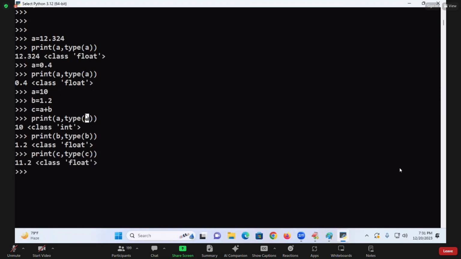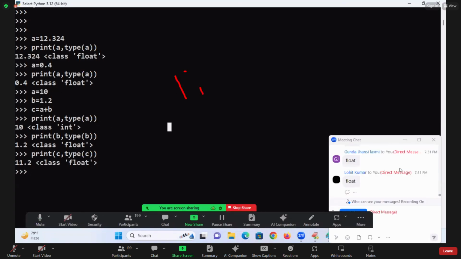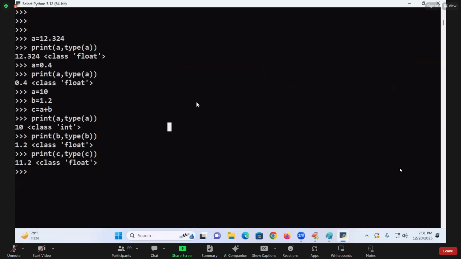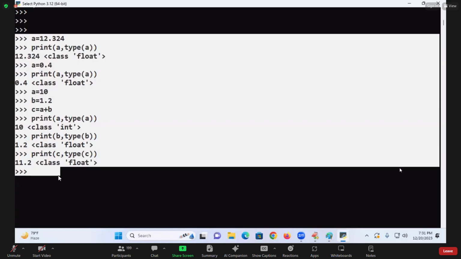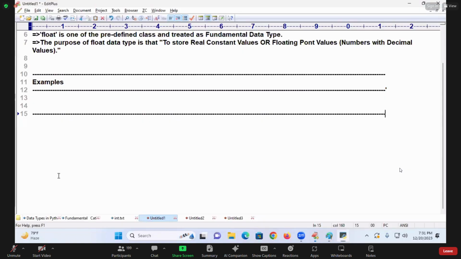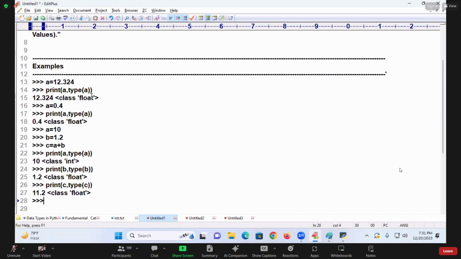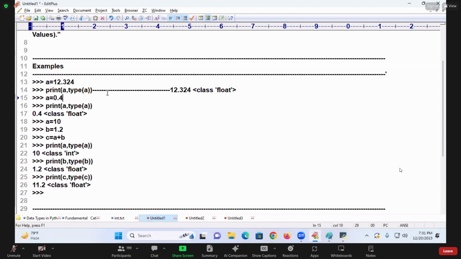Who is having more, int or float? Int plus float is float only, because float additionally has some decimal places. So int is always a subset of float. Keep in mind, further I need this point. Are you able to get me? Well, next, I'll keep the left side instructions, right side outputs.